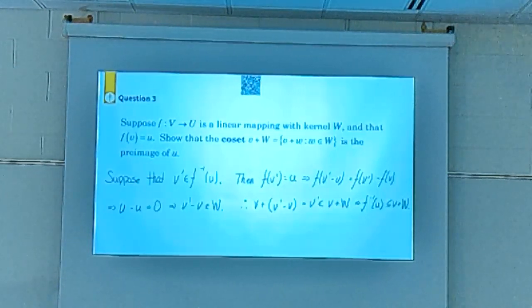To prove that two sets are equal, you have to prove that they're subsets of each other. We just went one direction. Now we have to go the other direction. So what I'm going to do now is say, start with saying that v prime is an element of the coset.